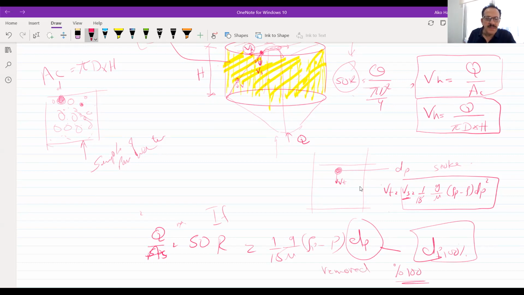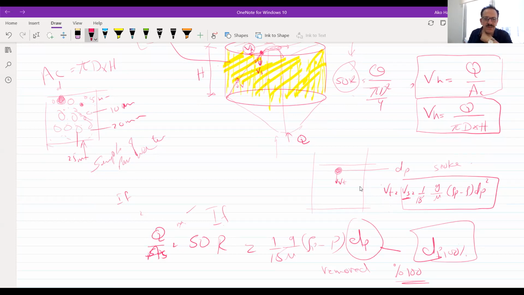100%. For example, if I have 5 millimeters, 10 millimeters, 20 millimeters and 25 millimeters, and after my calculation I found the SOR was equal to that settling velocity, from this I can find the d particle.